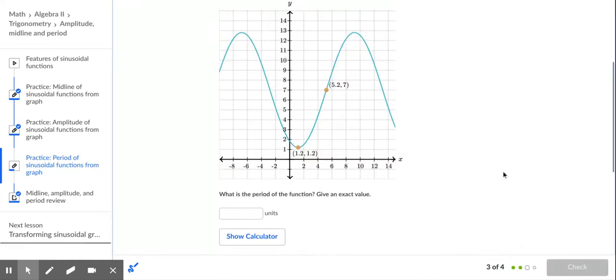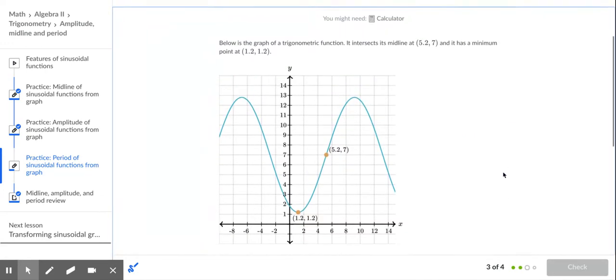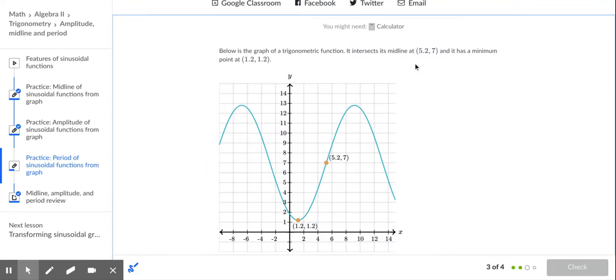All right, so in this one, we're given something a little bit different. We're told that this point is on the midline. It says it intersects the midline at this point. So this point is on the midline, and we're given a minimum.